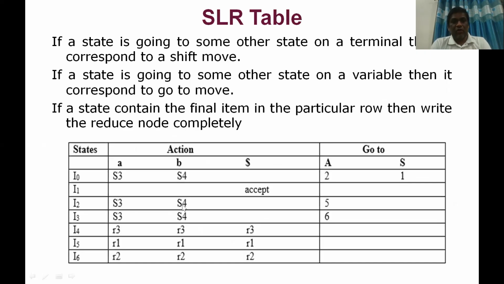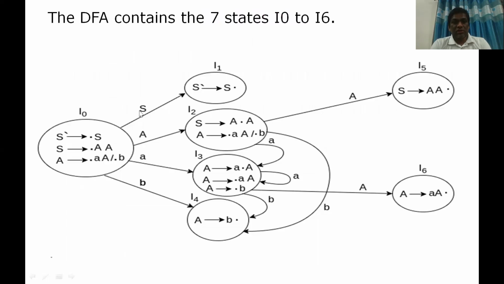Now read this. If a state is going to some other state on a variable, then it corresponds to a goto move. So on a variable corresponds to a goto move. I0 on the variables capital S and capital A is moving to I1 and I2.